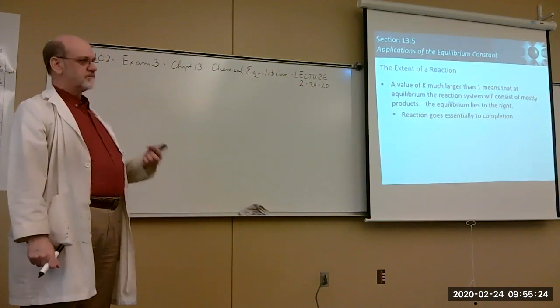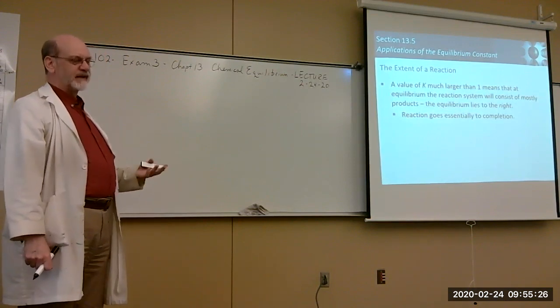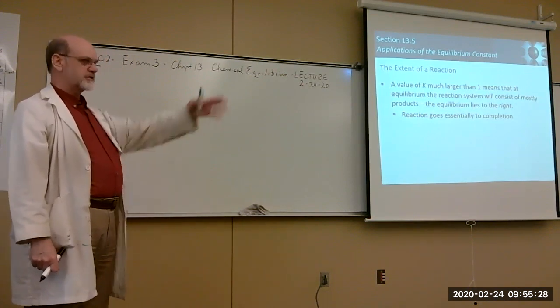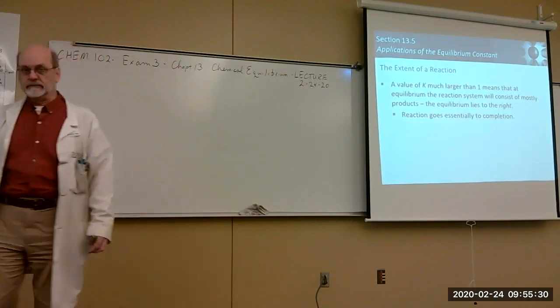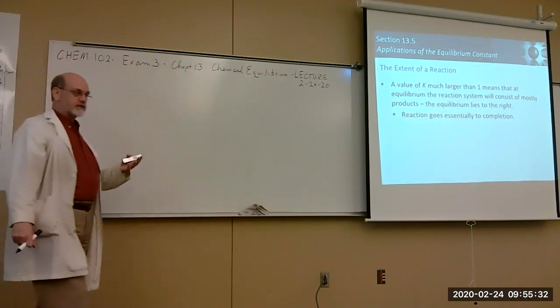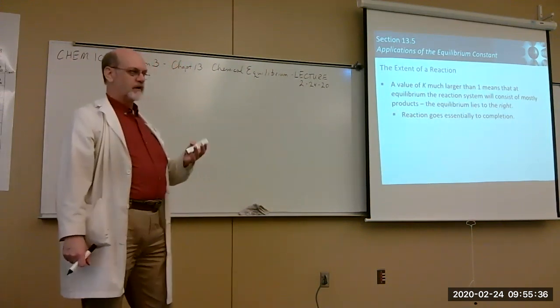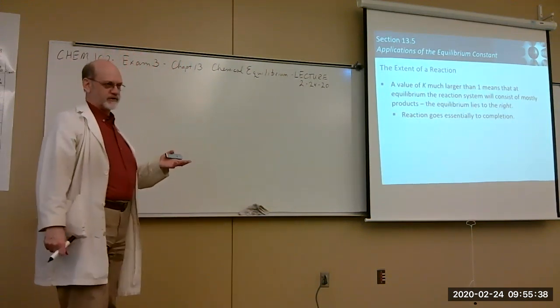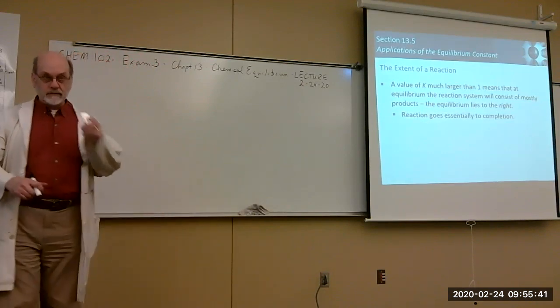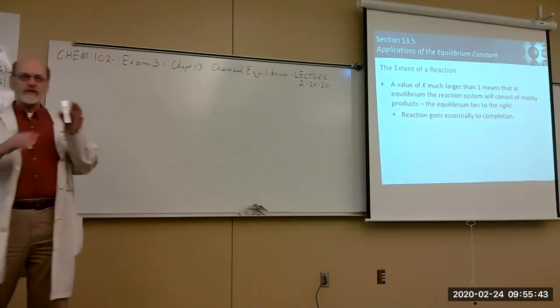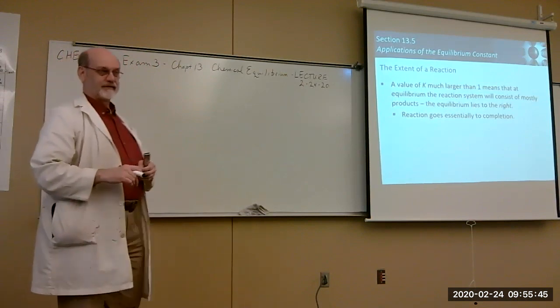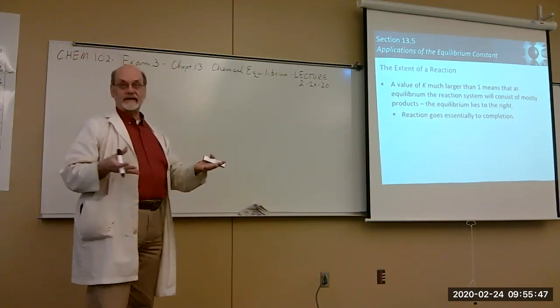That is, you have such little reactant left, you can say it just goes all the way. Kind of like hydrogen reacting with oxygen in a space shuttle engine. You got water left over and lots of energy. You don't have any more hydrogen and oxygen, assuming that you meter them properly. You don't have a limiting reactant.